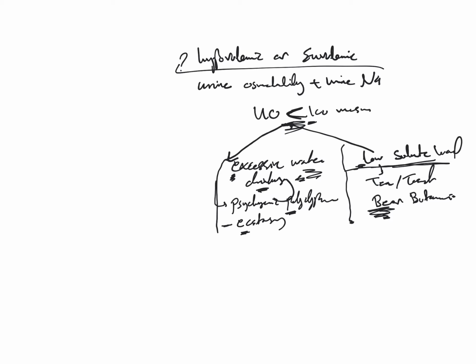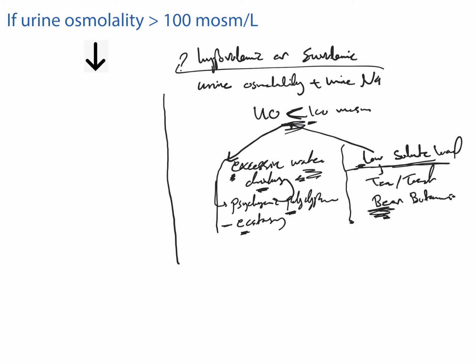Now, the other thing we need to check: if the urine is not maximally diluted, what possibly has happened here? That's where we check urine sodium. Urine Na, if the urine is not maximally diluted, will help us figure out what's going on. How?